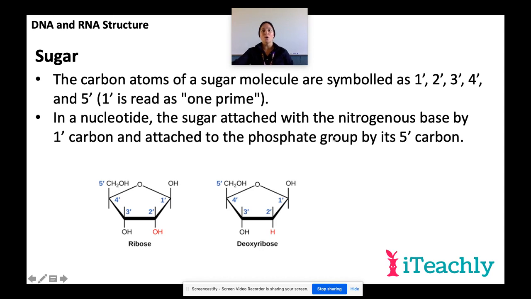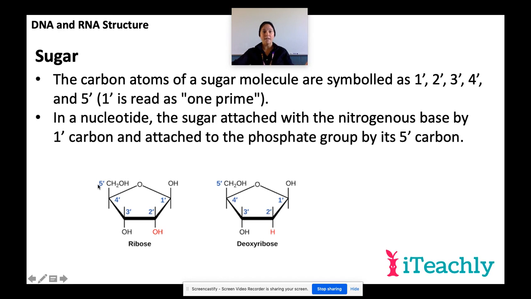So how do we know whether it's upside down or right side up? We actually number our carbons. Each one of these points on the sugar molecule is a carbon, and so we number them. So this is carbon 1, 2, 3, 4, and then there's a carbon off here, tagging off on the hexagon. We count the carbons to know whether it's upside down or right side up.